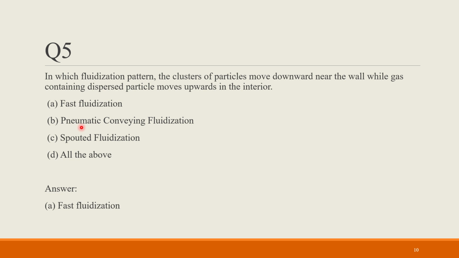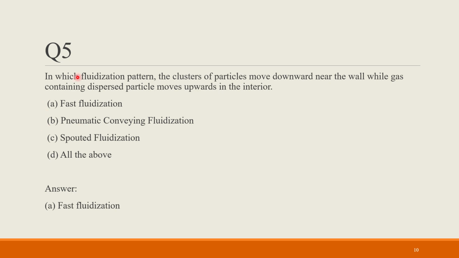Okay. In which fluidization pattern do the clusters of particles move down near the wall while gas containing dispersed particles moves upwards in the interior? Fast fluidization, pneumatic conveying fluidization, spouted fluidization, all the above.